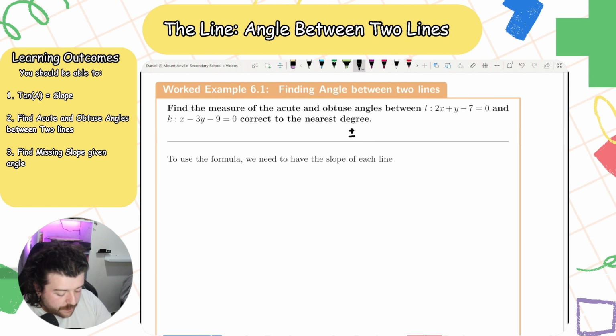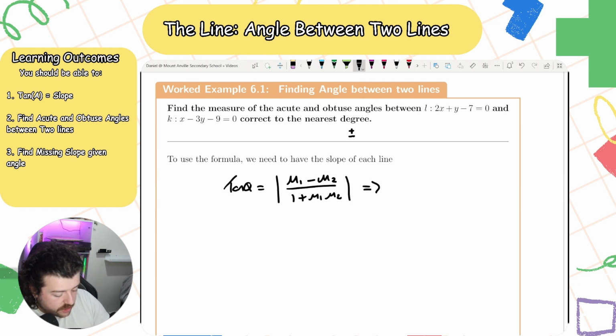So I have tan of my angle is equal to the absolute value of, which will give me my acute angle, m1 minus m2 all over 1 plus m1 times m2.